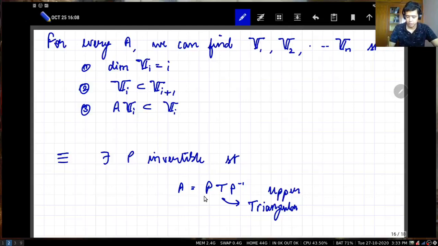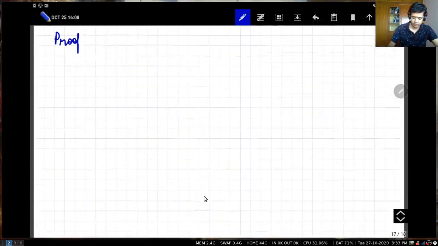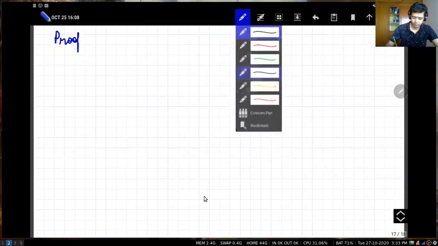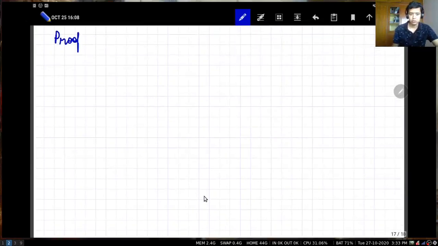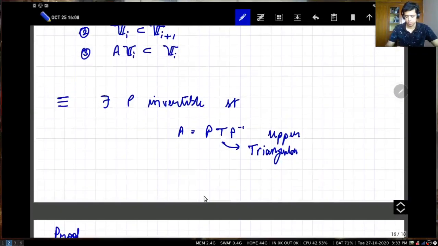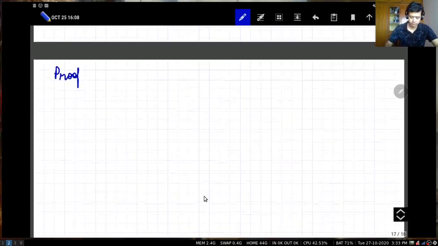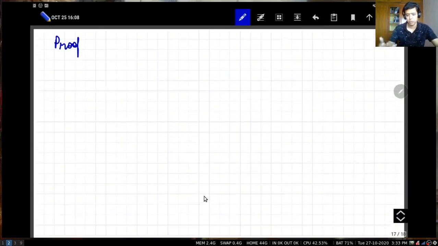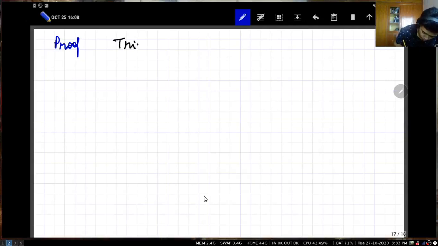The proof is pretty simple. It uses mathematical induction. Of course, this statement is trivial for a 1 by 1 matrix. Any 1 by 1 matrix is obviously upper triangular, so it's trivial for n equal to 1.